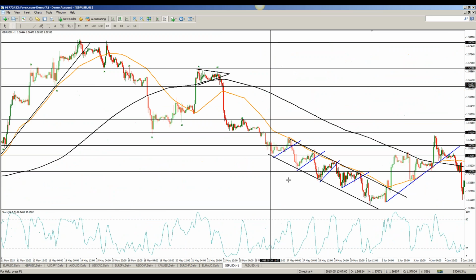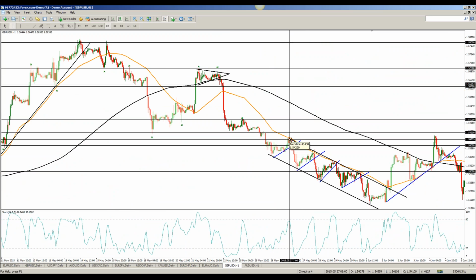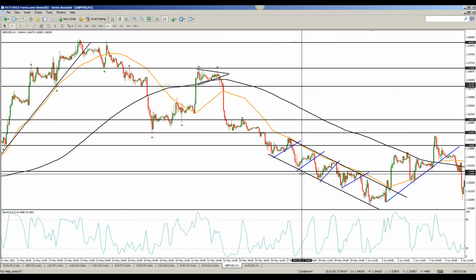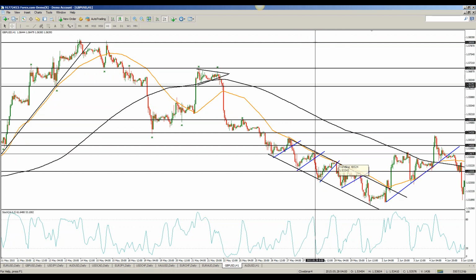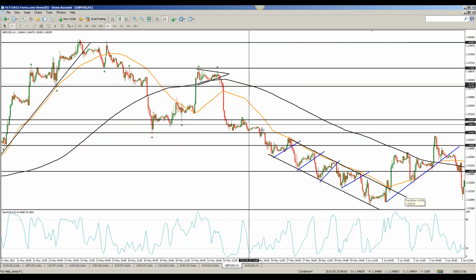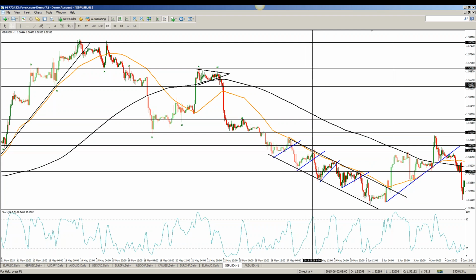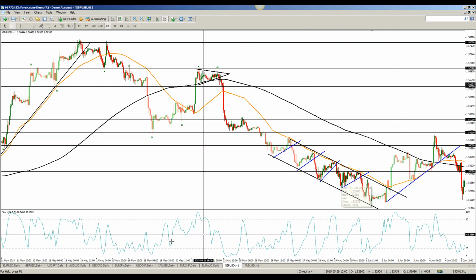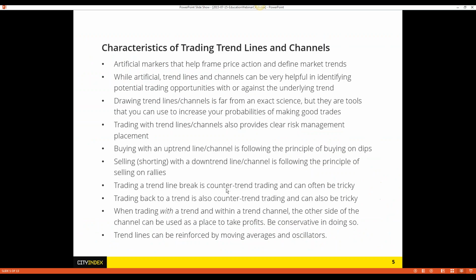What am I talking about in a downtrend channel or a downtrend line when we have rallies up to the upper resistance trend line? Then I'm talking about selling on the rallies, and that to me makes the most sense. I'm going to show you again, as I've shown you many weeks in the past, my principle of TPB, or trend, pullback, breakout, and that's basically what I'm talking about here.